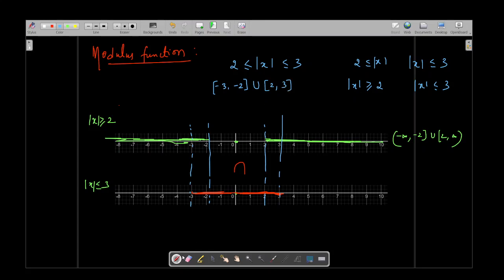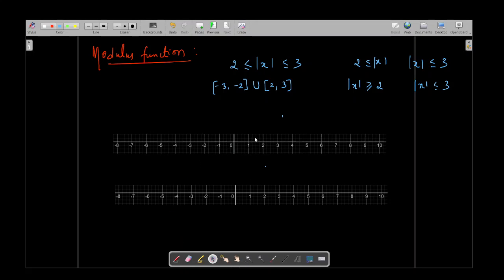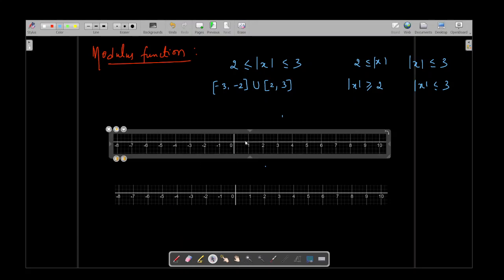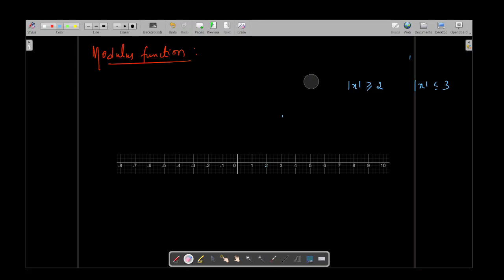In a simple manner we can also write this. Let me take an example: between 1 and 3.